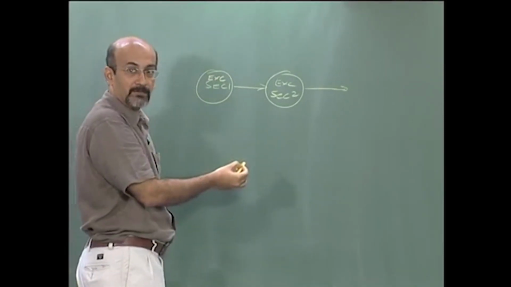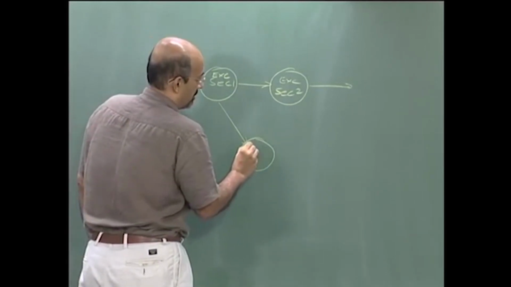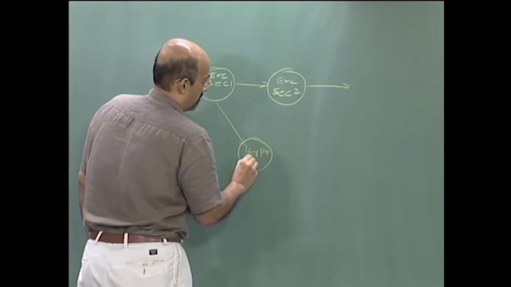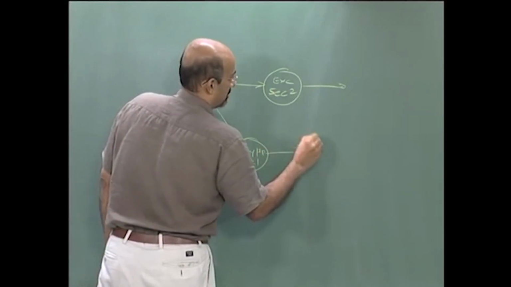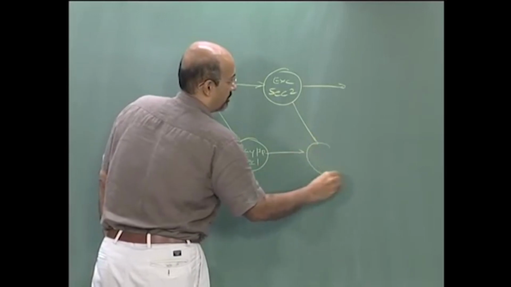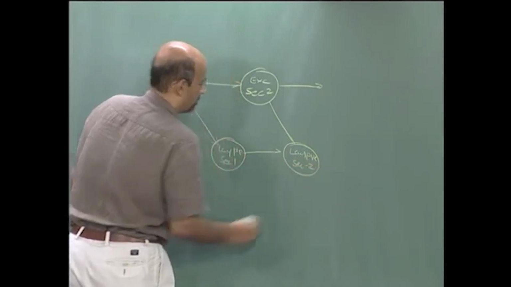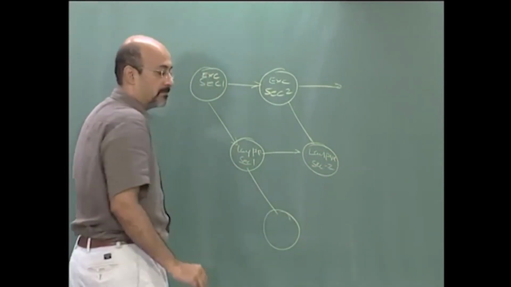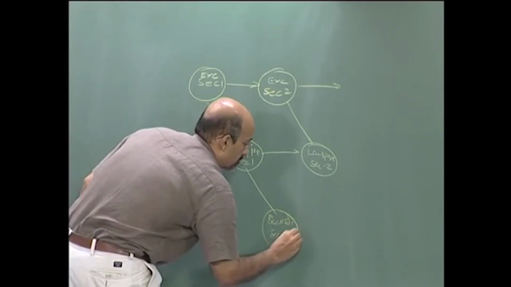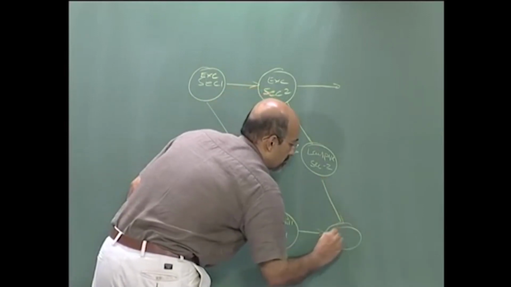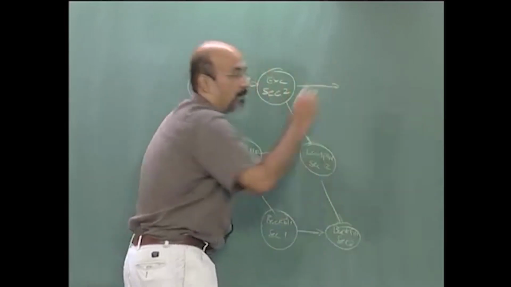What would be my next set of activities? After I excavate section 1, I can lay pipe section 1, and then only after this would be lay pipe section 2, and then backfill, and so on.